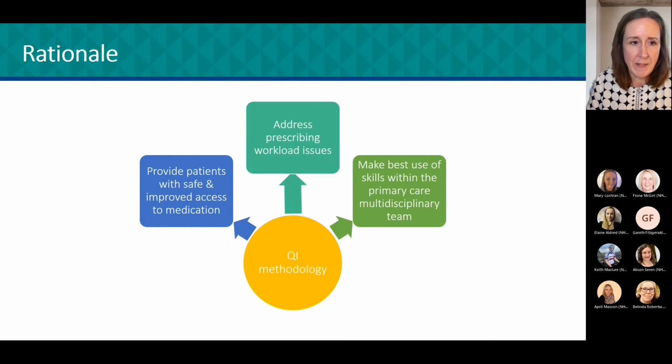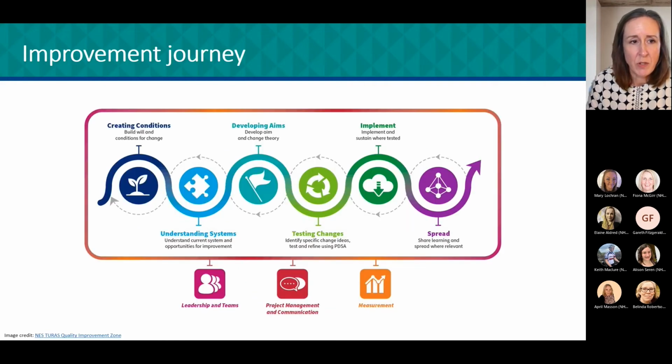So the quality improvement methodology journey has several components for success, starting at the left-hand side of your screen there, from creating the right conditions for change in your system. So that means building the will and commitment from your team to make a change around acute prescribing work.